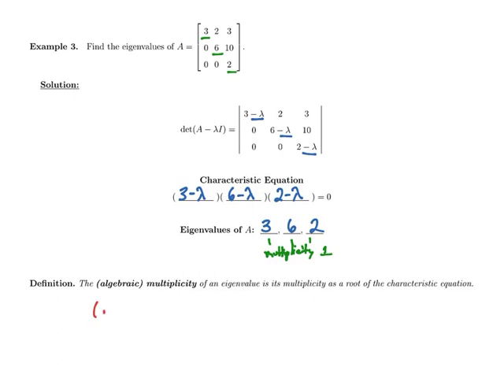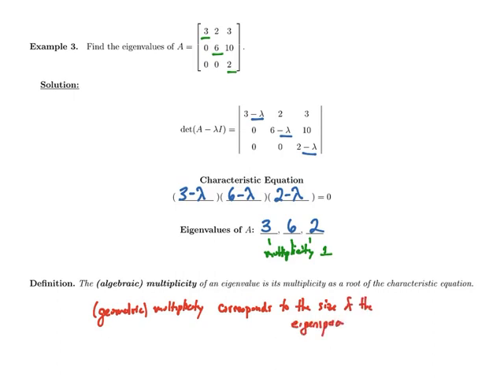We're also going to have a geometric multiplicity, but we're going to talk about that in a future section. The geometric multiplicity is going to be something different, and that's going to correspond to the size of the eigenspace. And we'll look at that later.